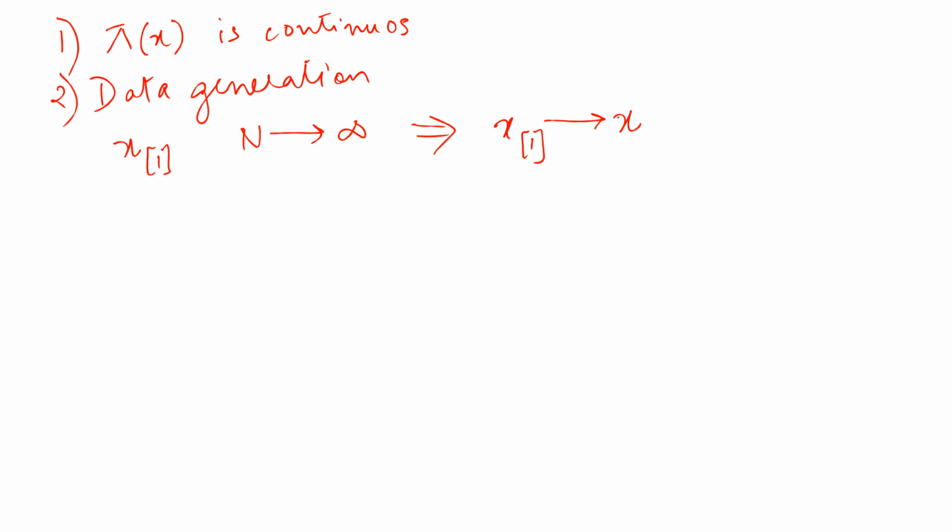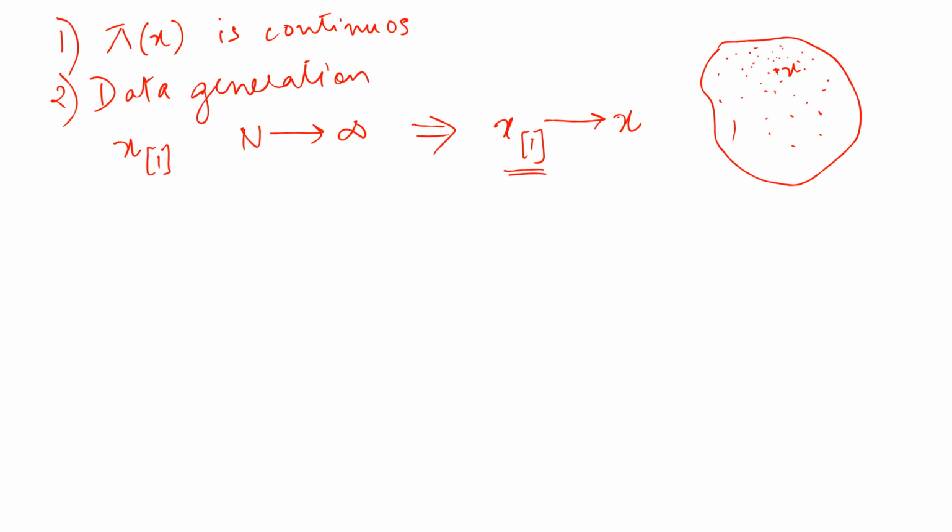And why is this an intuitive kind of assumption? Let's say this is my x, and I have some data points, and remember the Voronoi tessellations. As I have more and more data, as n tends to infinity, there is this intuition that my nearest neighbor is going to approach the actual point.